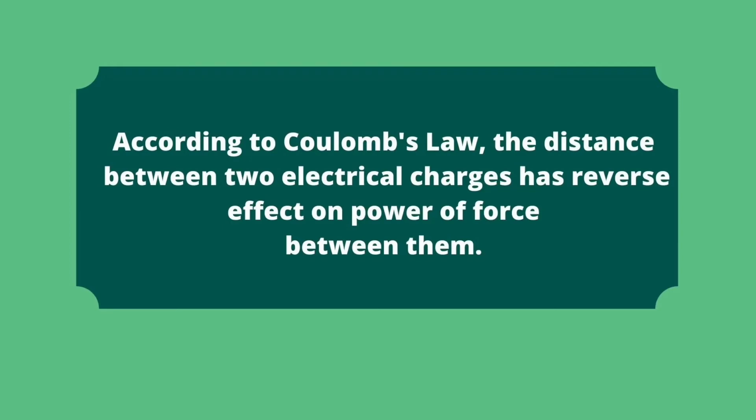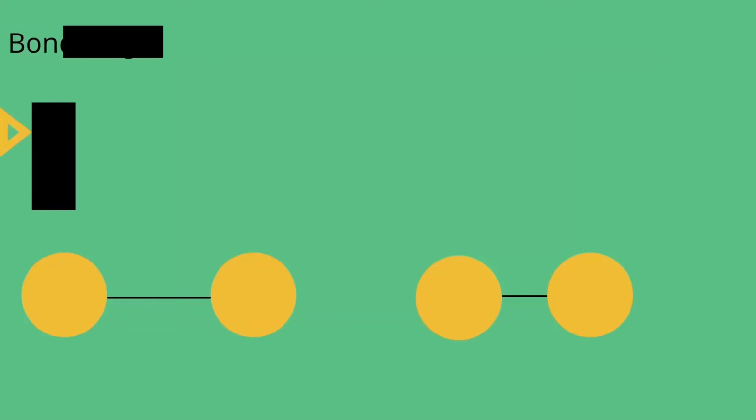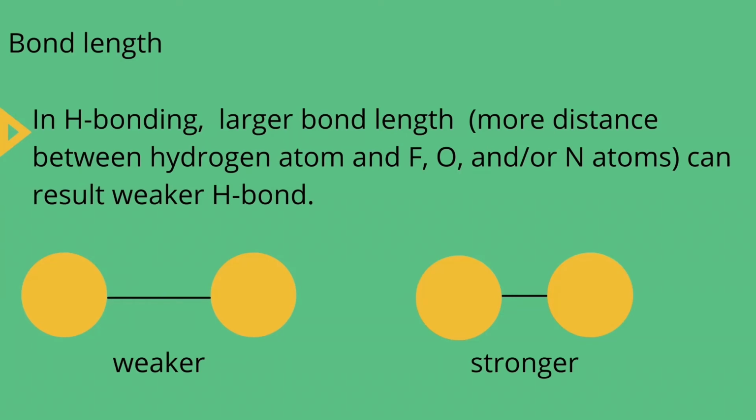According to Coulomb's law, the distance between two electrical charges has an inverse effect on the force between them, which means that the larger the bond length, the weaker the hydrogen bonding.